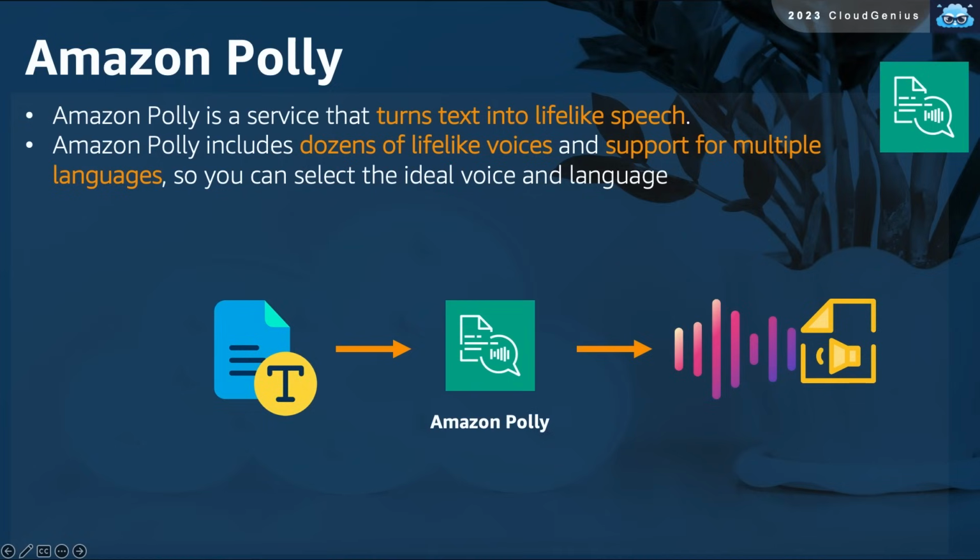A customer support system can leverage Polly to convert text-based chat interactions into spoken responses, improving the user experience. The service offers a wide range of voices in various languages, each with its own distinct characteristics and styles. You can choose from male or female voices and adjust speech rate.